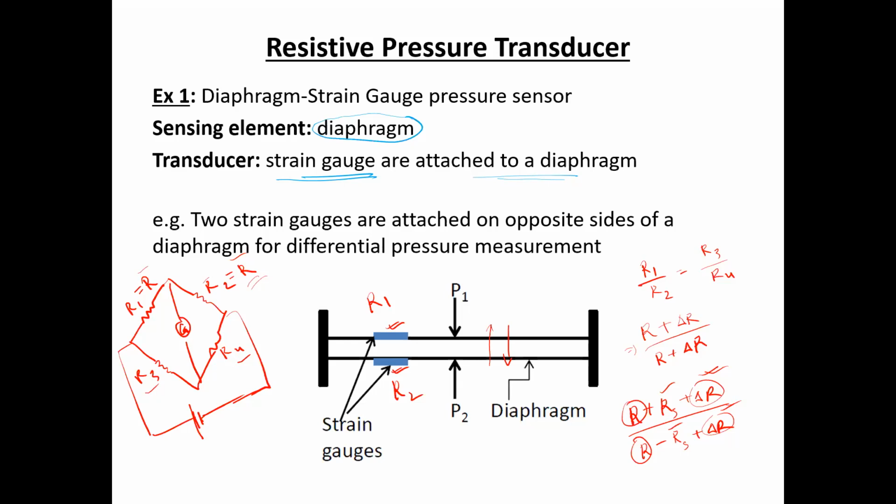So to achieve further accuracy in compensating the temperature, in some cases identical strain gauges are used in all four arms.